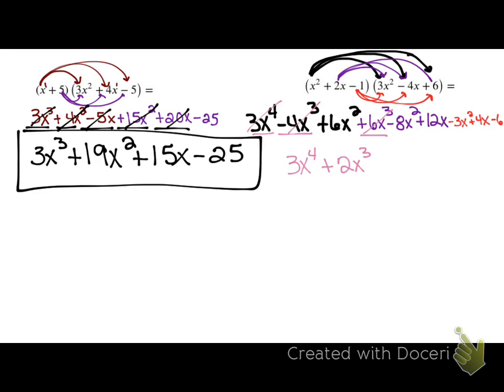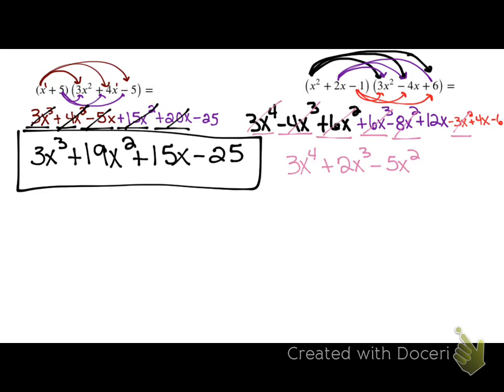Okay. Next. 6x to the second power, and negative 8x to the second, and negative 3x. So you're going to take 6 minus 8 minus 3. Negative 5. Negative 5 what? X squared. Okay.